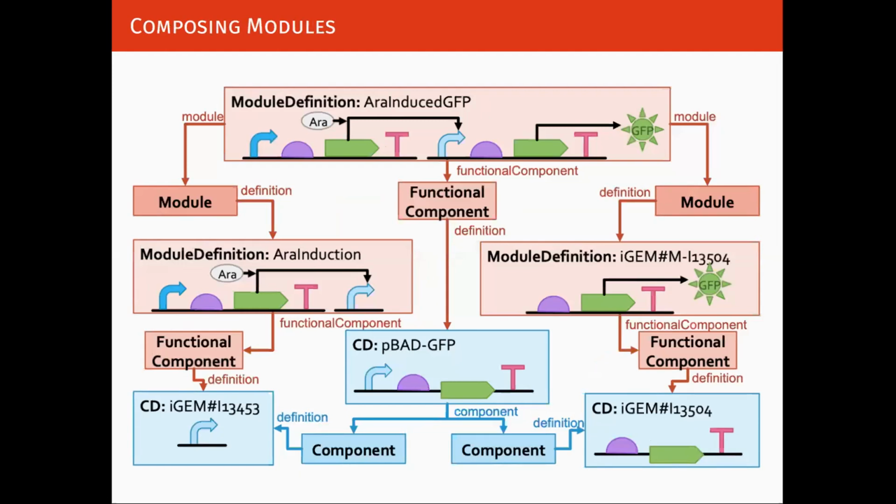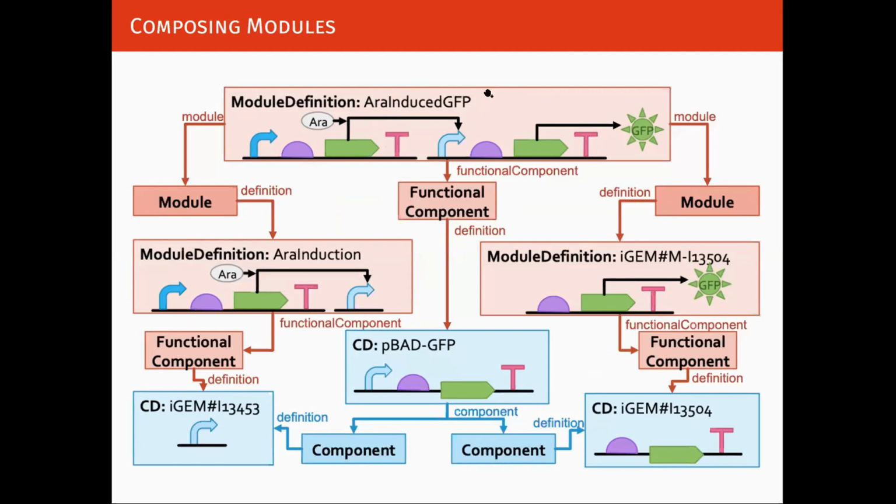And this is yet another more complicated circuit. Now I've got a module definition composed of two strands of DNA. One is used to produce this arabinose, which is being controlled by this arabinose small molecule, and which is activating this downstream promoter.